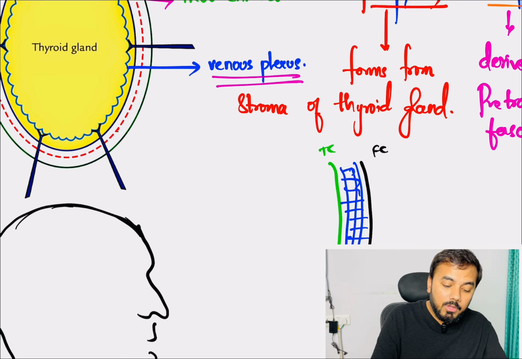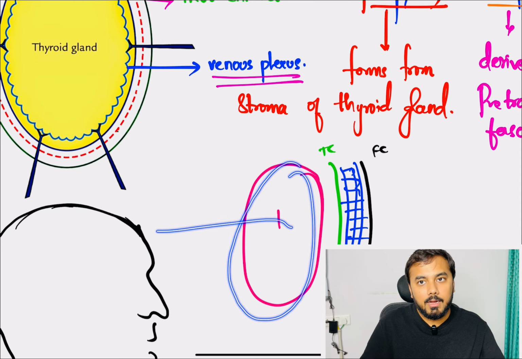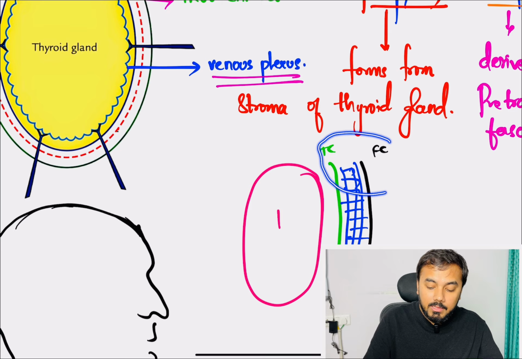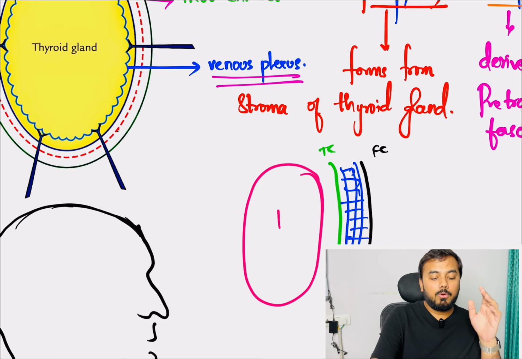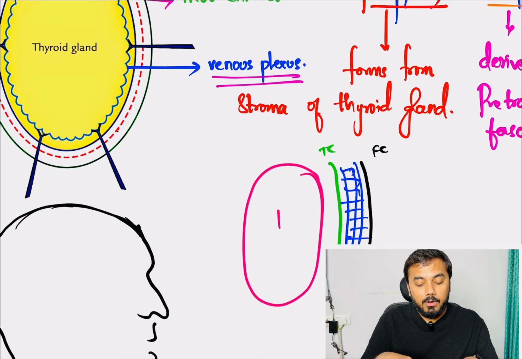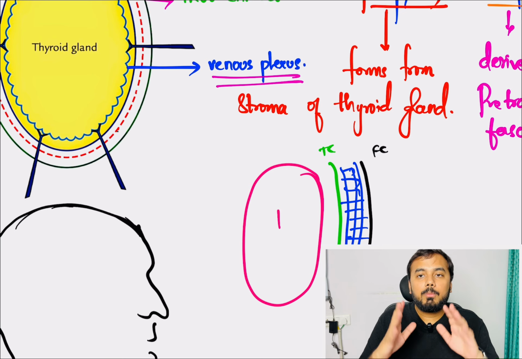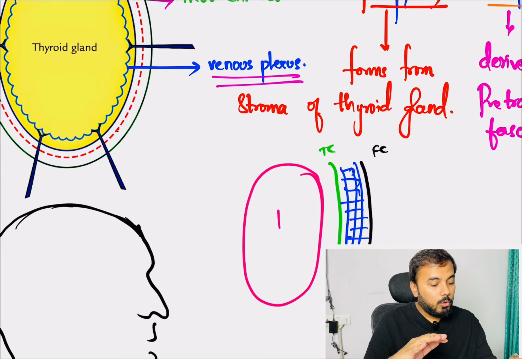And this is your prostate gland. Now you tell me, if I have to remove the prostate gland, isn't it easy? Very easily I can remove the prostate gland without disturbing these three things. Yes or no? So the basic difference you have to know is based on the anatomy. You remove the thyroid gland along with the capsules. Here you don't touch the capsule, you just remove the prostate gland. Okay, so this is the basic thing you have to know here.